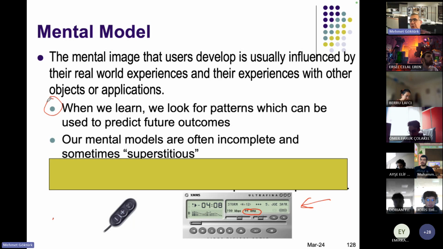As we learn, we look for patterns that can be used to predict future outcomes. For example, a lever, forward, backward. Based on our previous experiences, when you push something forward, it moves forward, and when you push it backwards, it moves backwards.